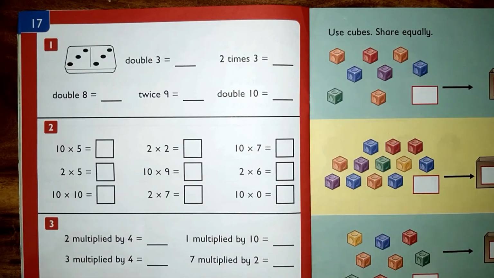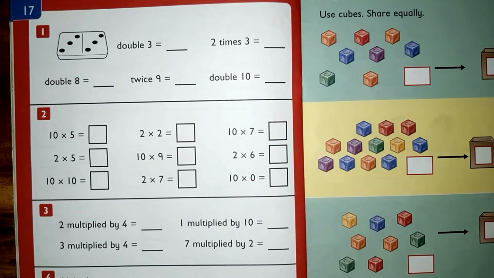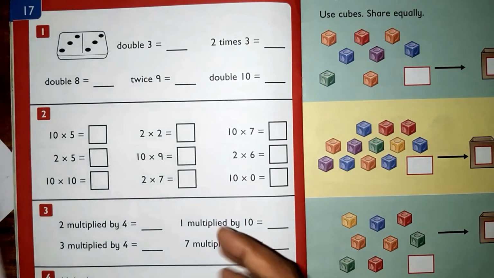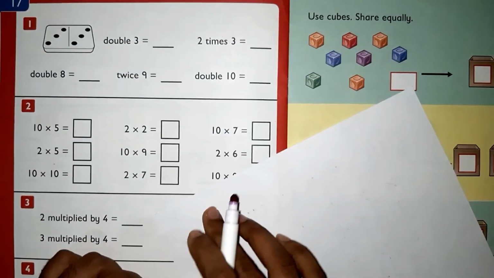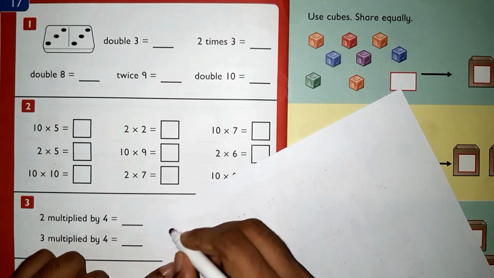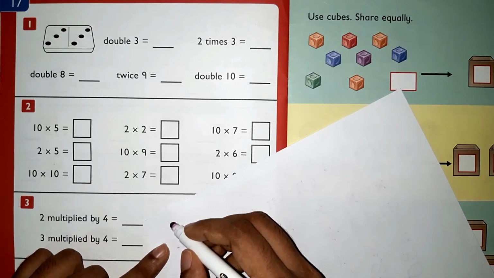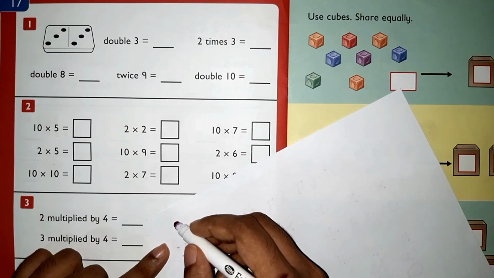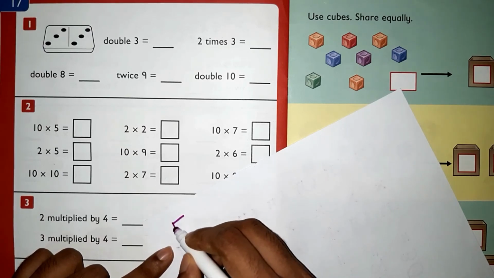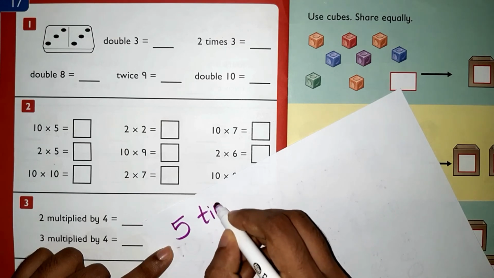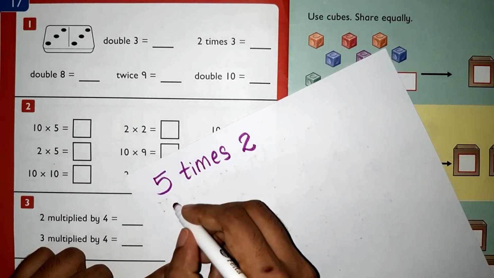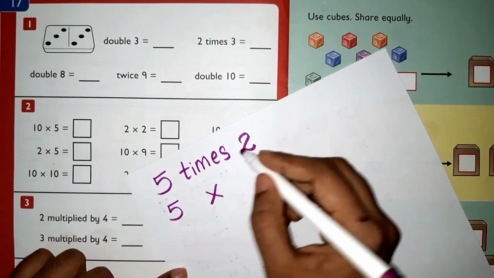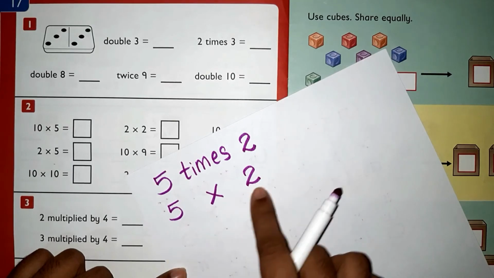Now here I need to tell you another thing, and we have done it in our written note also, that there are several ways of saying multiplication. I'm going to tell one by one. First one that we learned, let's take an example: 5 sets with 2 objects. That means 5 times 2. We can write the same thing by replacing the word times with a cross: 5 times 2.